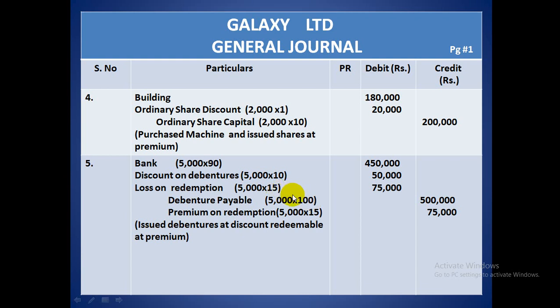So comparing it with par value, we will calculate the loss on redemption and the premium which will be payable on redemption by the company. So it is to be debited as loss on redemption and credited as premium on redemption. So we had recorded the issuance of debentures at discount, redeemable at premium.